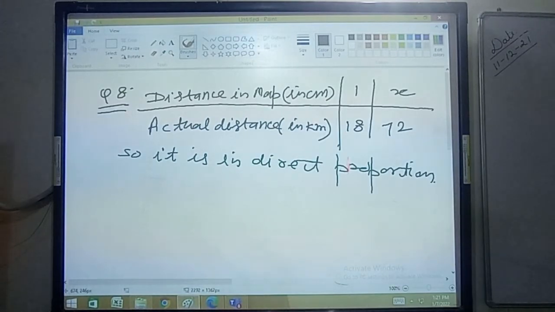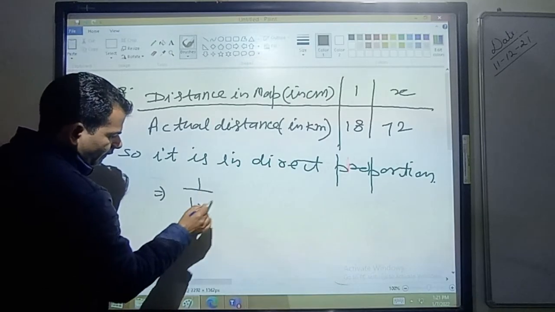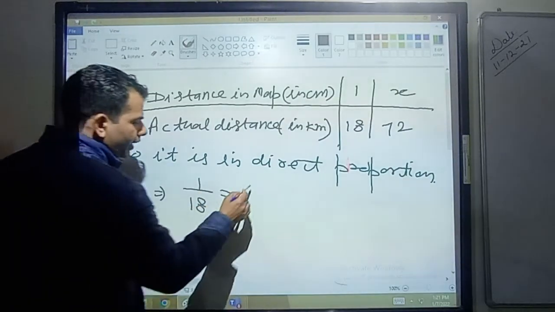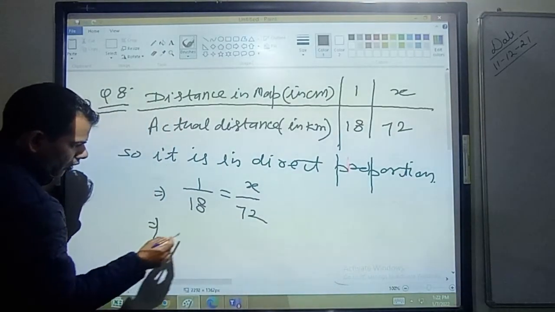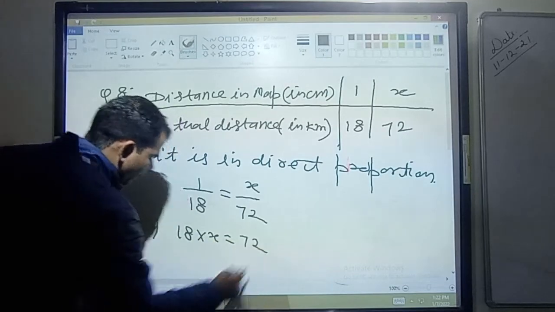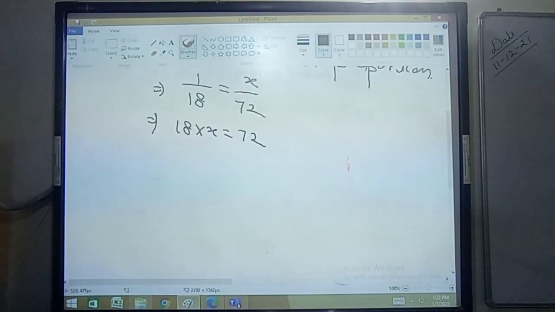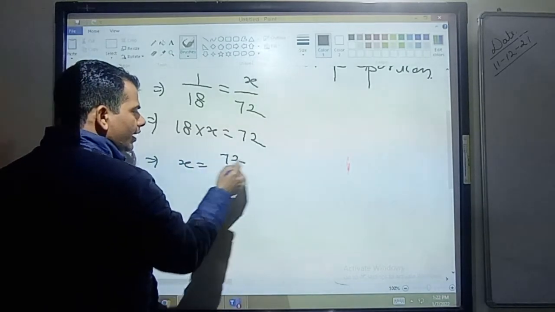Okay. Now 1 by 18 is equal to x by 72. Cross multiplication: 18 into x is equal to 72, and x is equal to 72 divided by 18.